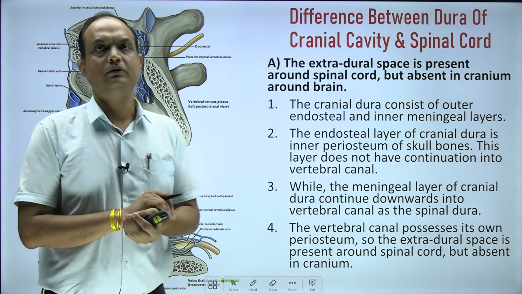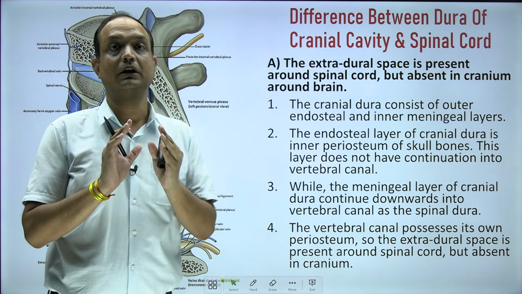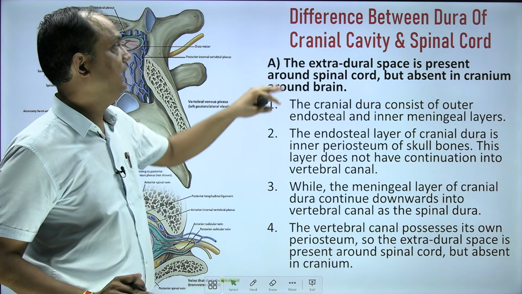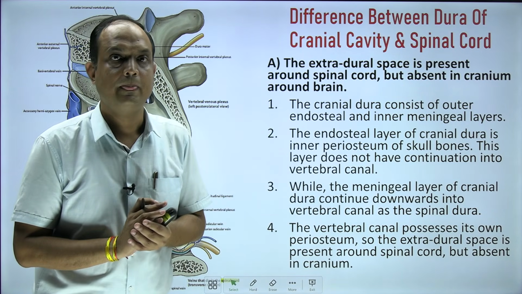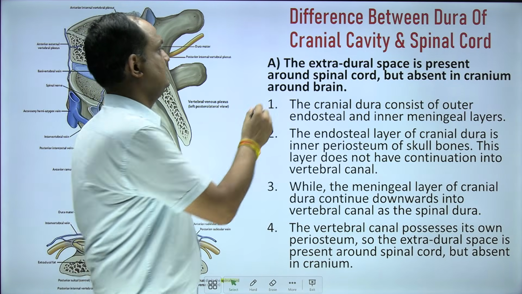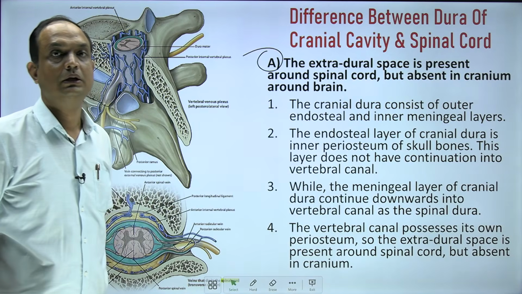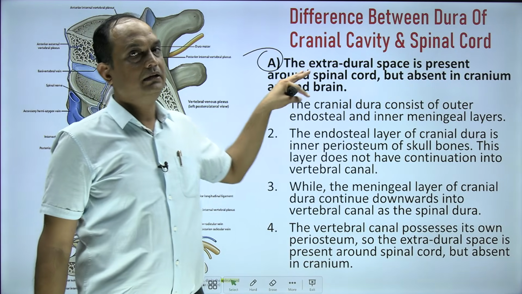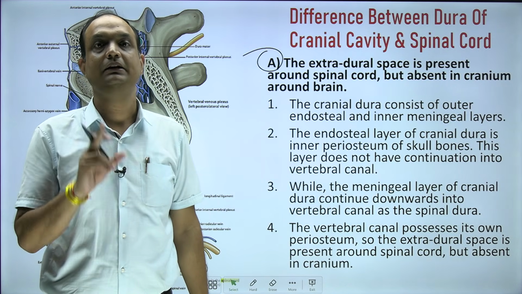Now the next question is: what are the differences between the dura mater of the brain or cranial cavity and the dura mater of the spinal cord? The first difference is that the extradural space is present around the spinal cord, but this space is absent in the cranial cavity.